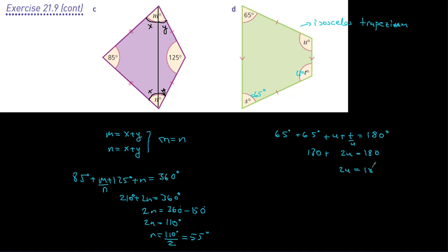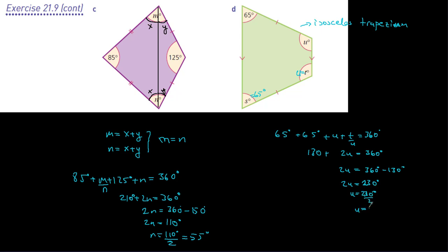I made a mistake, this is 360 degree, because it is quadrilateral. 360 minus 130, 2u is equal to 230, and u is equal to 230 over 2.